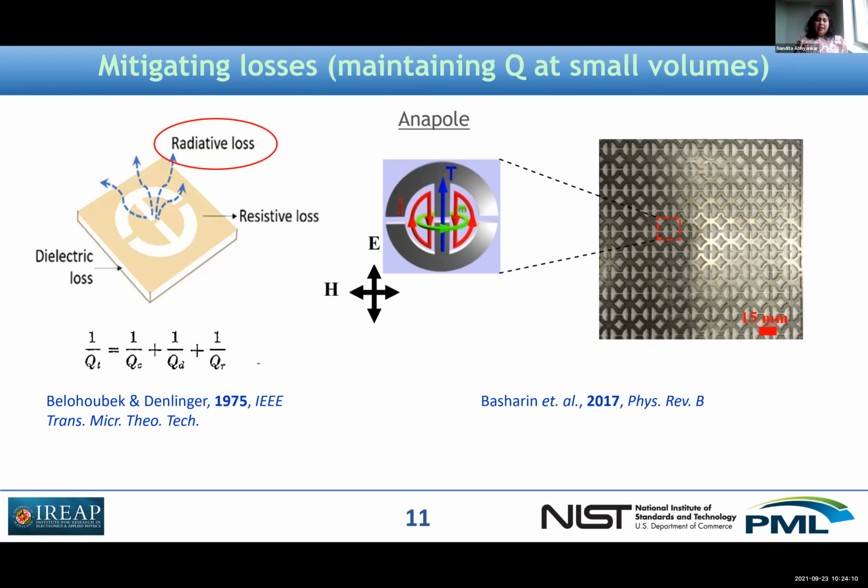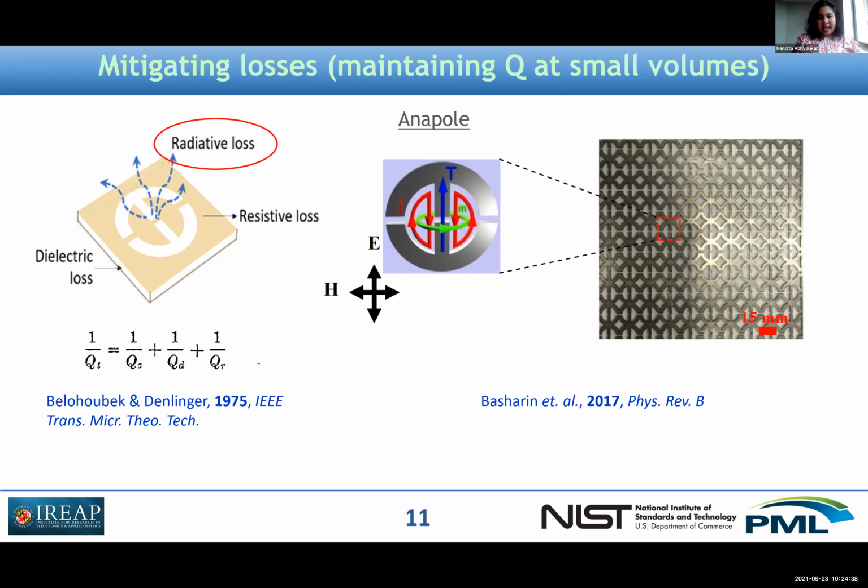So we are talking about the radiating electric dipole, the oscillating electric dipole. What the anapole does is it introduces a new quantity, which is the toroidal moment, and the destructive interference between the toroidal and the electrical dipole moment leads to intrinsic diminishing of radiative losses, and that leads to really high Q factors.